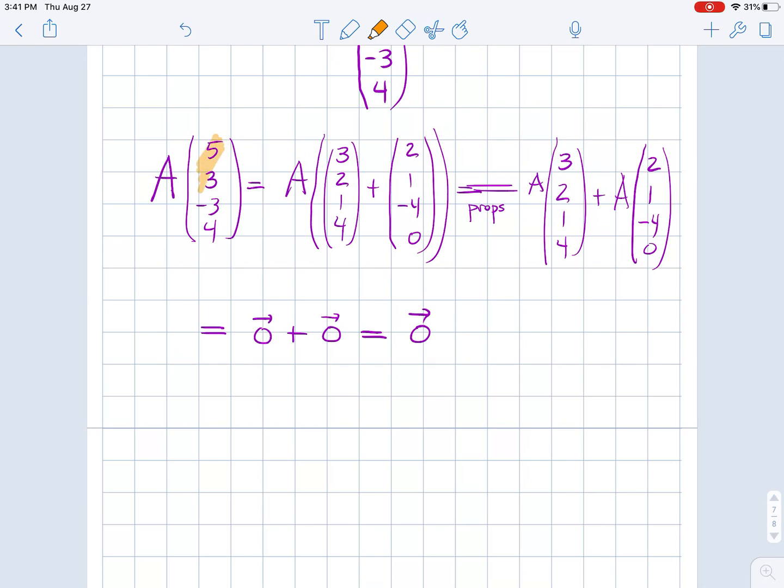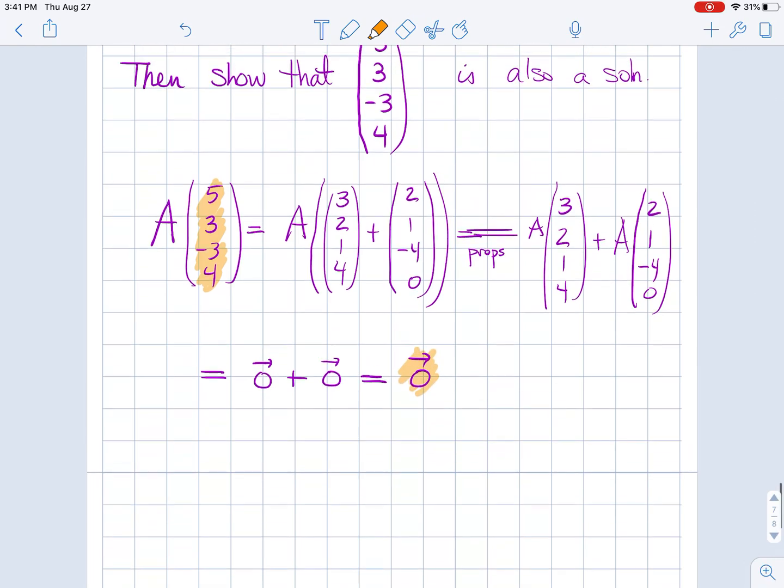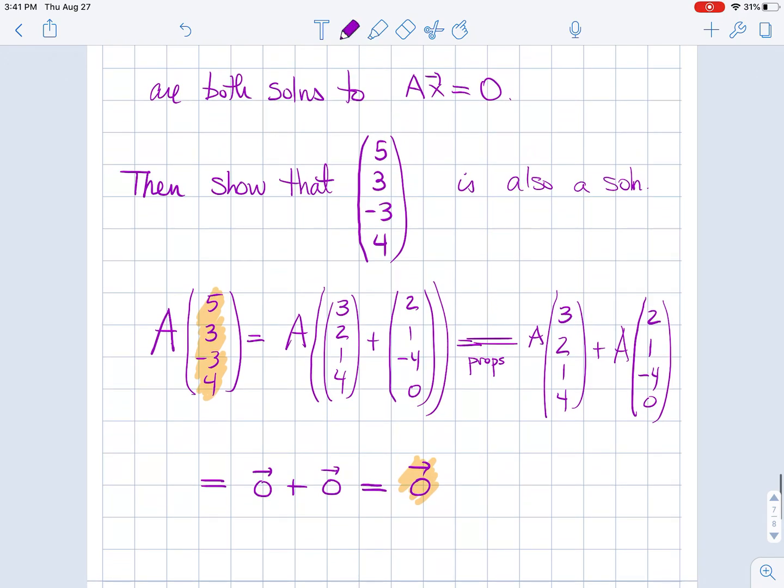That shows that this new vector here is going to be a solution to Ax equals 0, because when I plug it in, I'm going to get 0. I forgot to put the hat on that 0 vector at the end, but yeah, this is a great application.